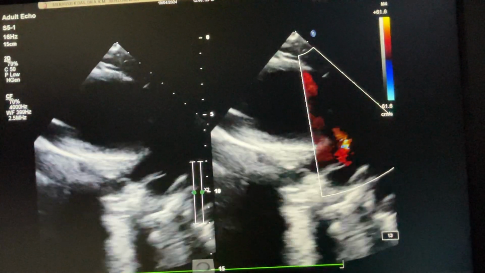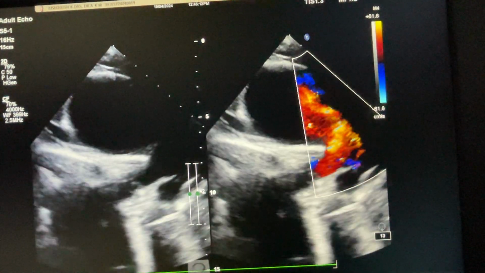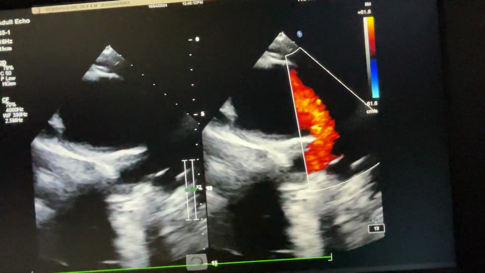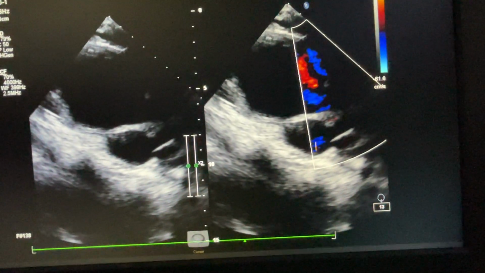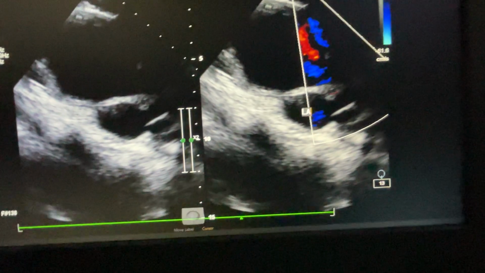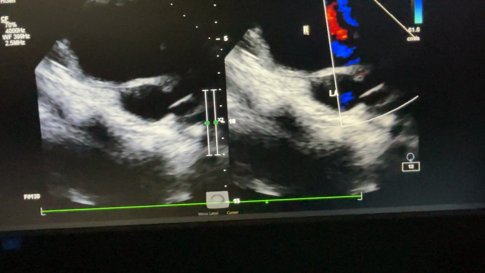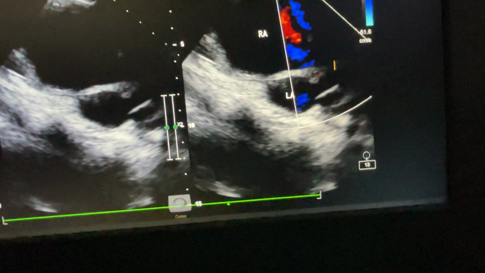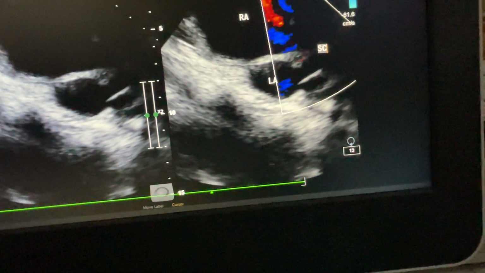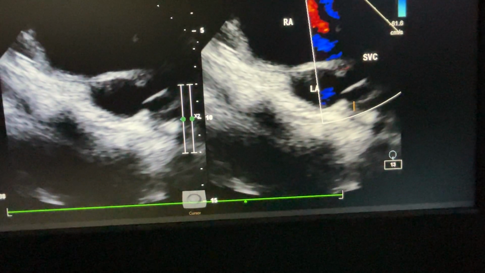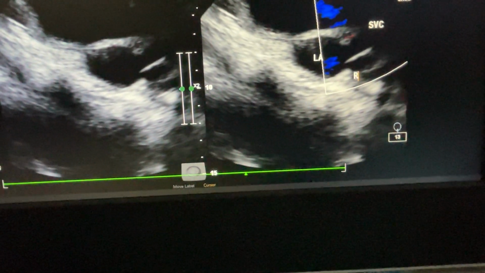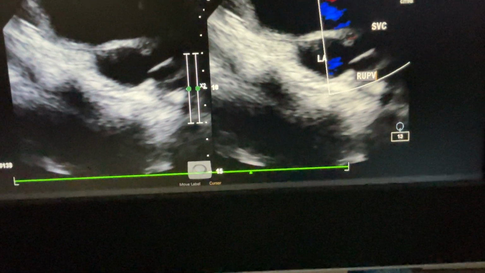See again the same thing. You can clearly see left atrium into right atrium. This is left atrium, this is right atrium, this is SVC, and this is right upper pulmonary vein.